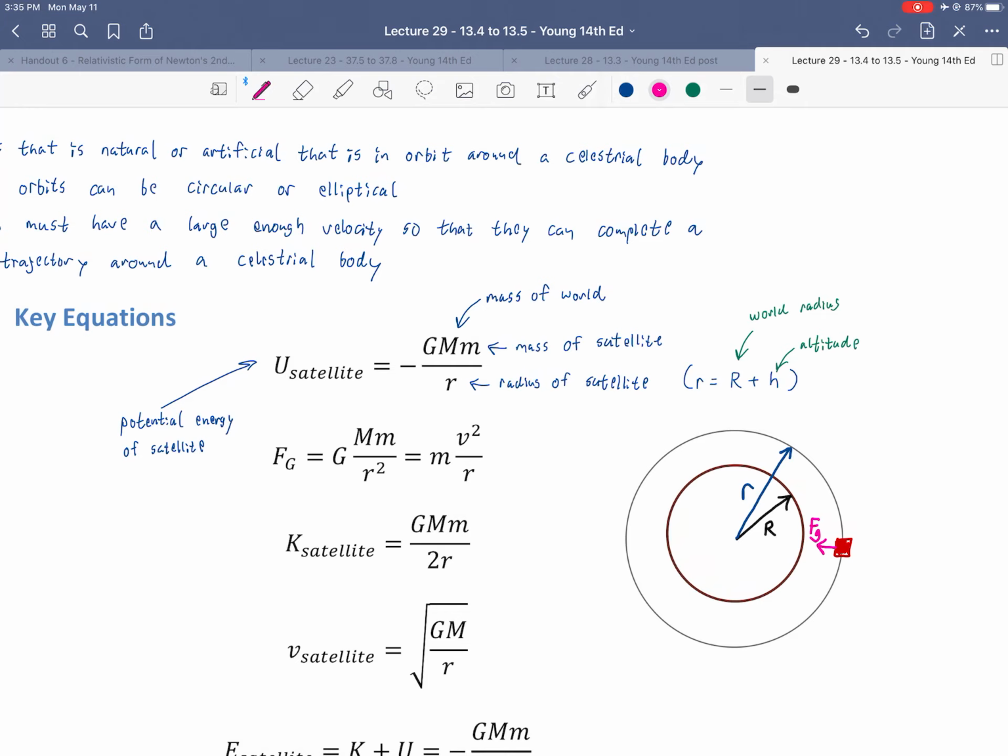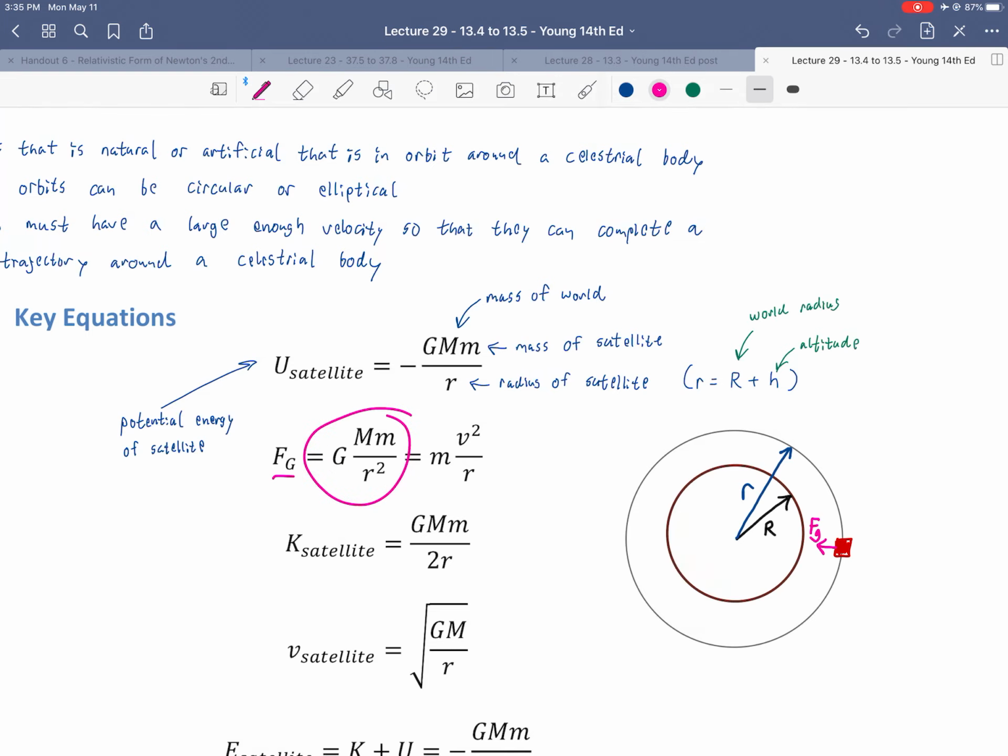Now the satellite's not at rest, it is undergoing acceleration, and the type of acceleration it's undergoing, if we, again, start thinking of it as a circle, would be exactly centripetal acceleration. Okay, so our F_G right there is exactly the universal constant of gravity times big M, little m, over the distance from the center of the world to the location of the satellite squared, because this is the universal law of gravitation.